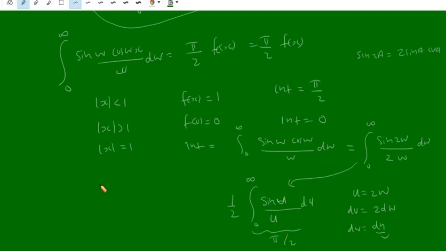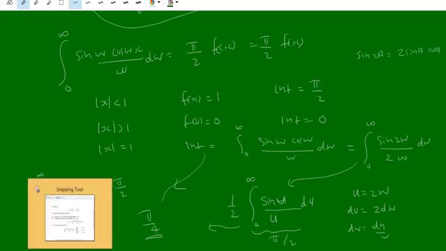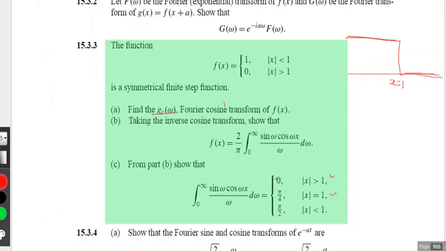This is the standard integral from 0 to infinity sine x by x dx is equal to pi by 2. So if I substitute pi by 2 here, then pi by 2 into 1 by 2 will be equal to pi by 4. So if mod x is equal to 1, then the integral is equal to pi by 4, and that is the third of this question C part. If mod x is 1, pi by 4; if mod x is greater than 1, the integral is 0; and if mod x is less than 1, the integral is equal to pi by 2.